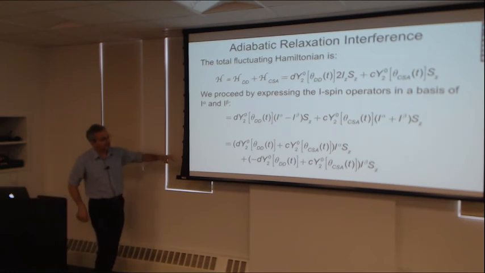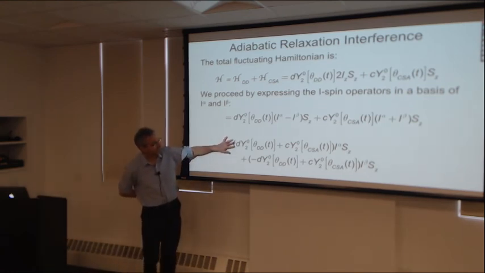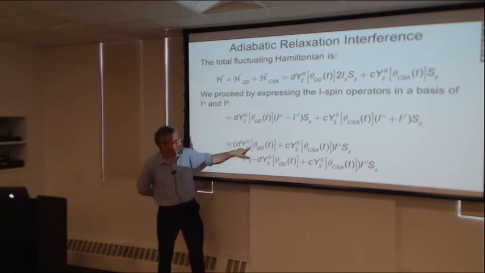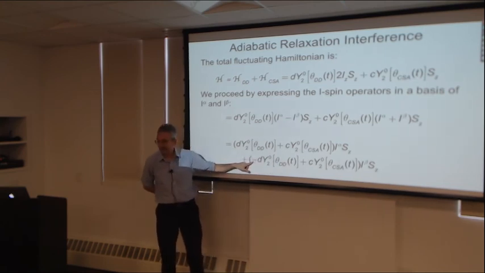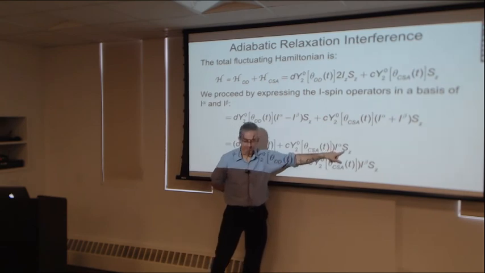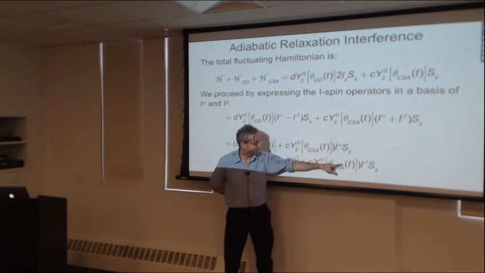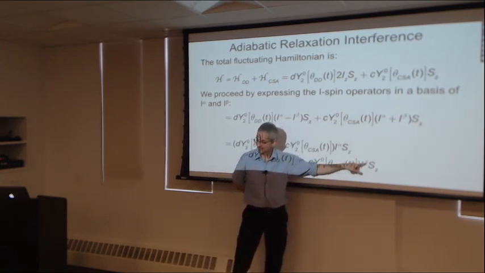So when I make the substitution, I then see I have two terms, one in which the two tensors add up, and one in which the two tensors subtract. One of them is associated with I alpha SZ, and the other is associated with I beta SZ.